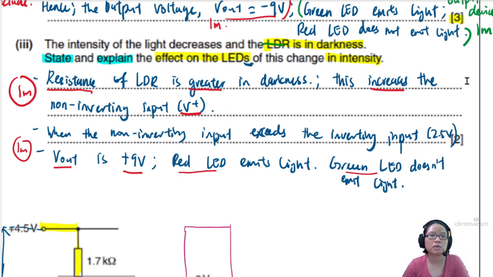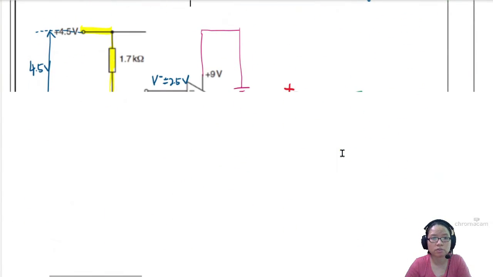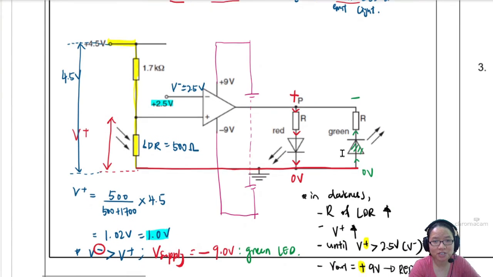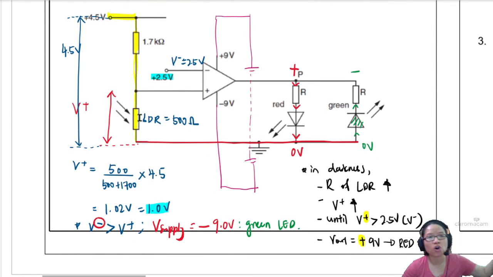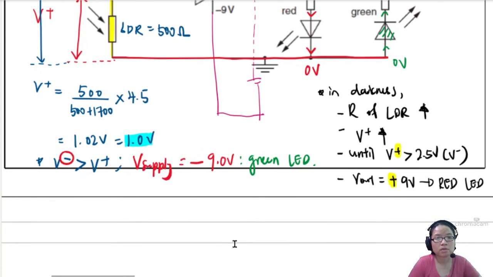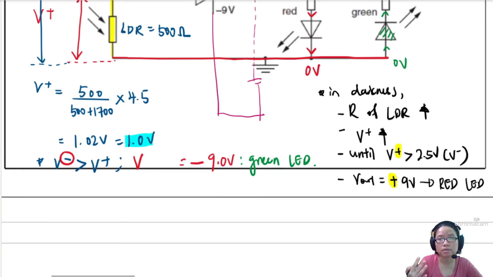So this is an example of a comparator circuit. Oftentimes you are asked to analyze the circuit that is given to you, and from that analysis, you will be required to decide, if I change this, if I connect this and that, what will happen to the output? Based on what is happening to the output, whether the output is equal to the supply, whether it is positive or negative, we will get different kinds of responses.